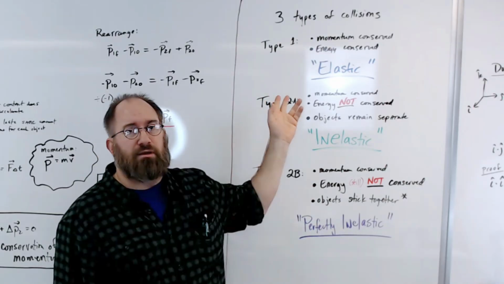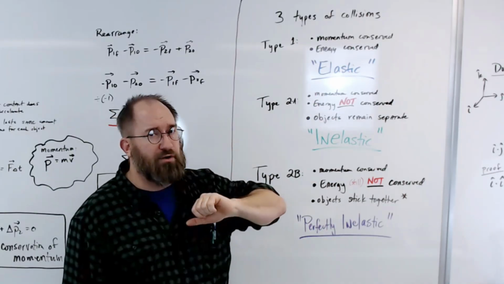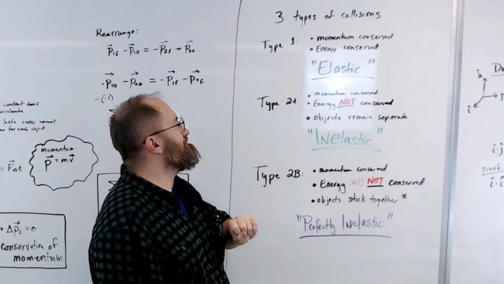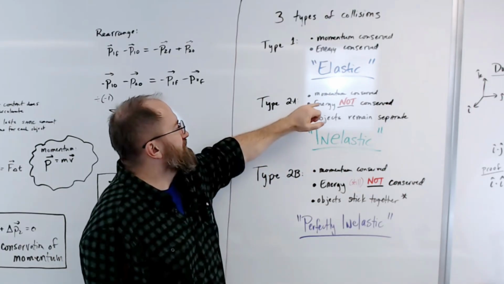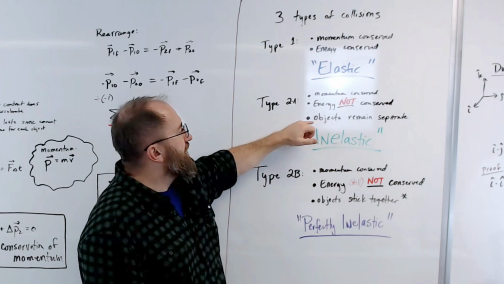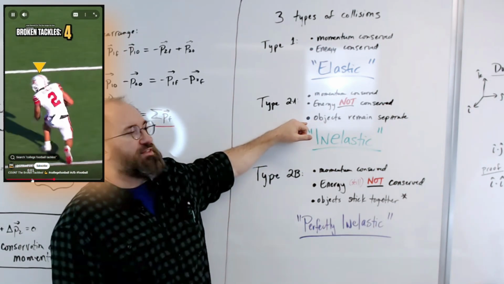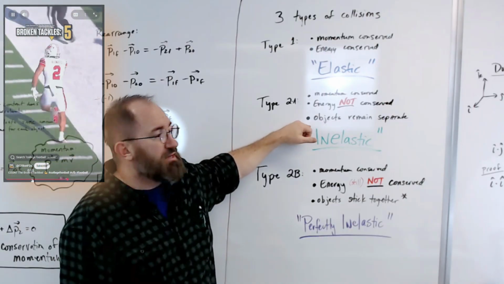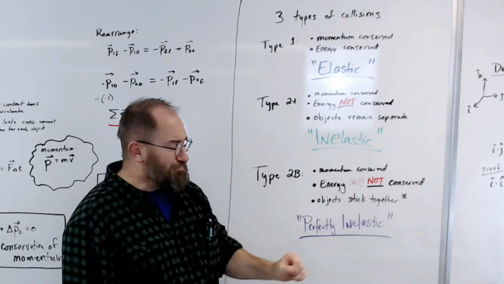Type 2, which I've got as a 2A, momentum is conserved still, however, energy is not conserved. Why? Because energy is lost to some factor, and so energy is not conserved, and notably, the objects will remain separate in the course of that interaction, and that means we refer to that as an inelastic collision.